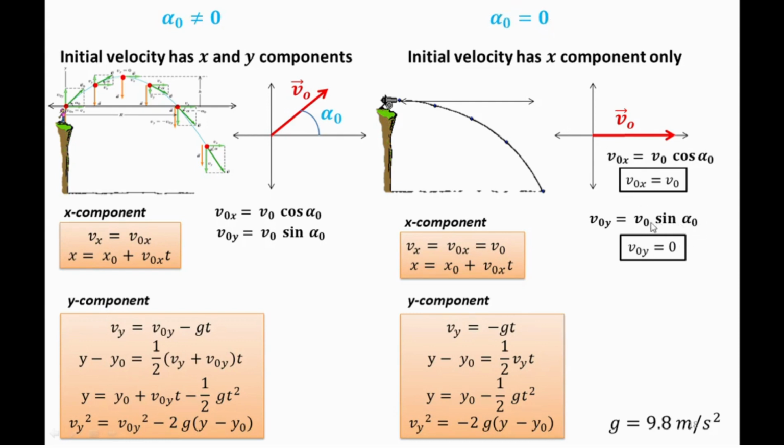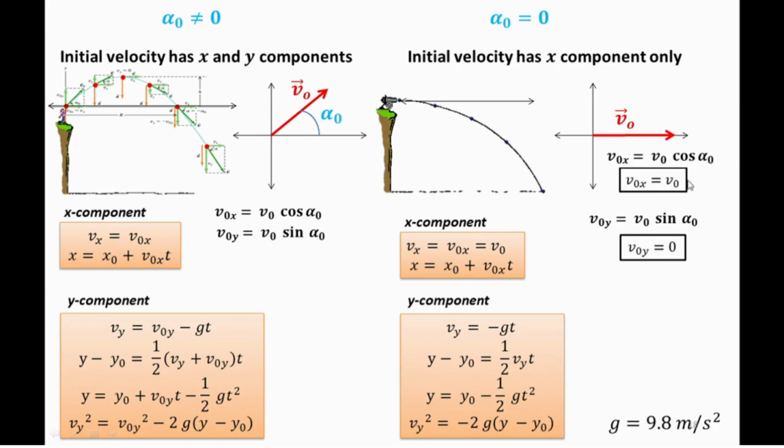So the y component of the initial velocity, which is equal to the magnitude of the initial velocity times the sine of the angle of projection, is equal to 0. But on the other hand, the x component of the initial velocity, which is equal to the magnitude of the initial velocity times the cosine of the angle of projection, which is equal to 0, must be equal to the initial velocity.